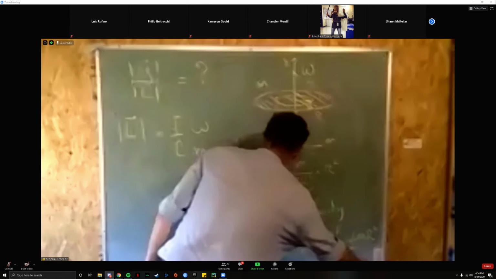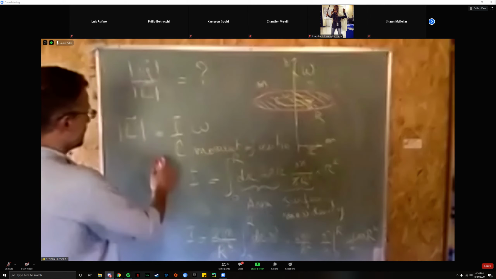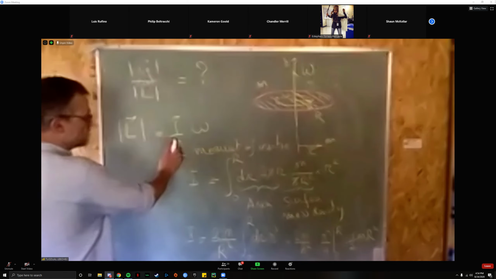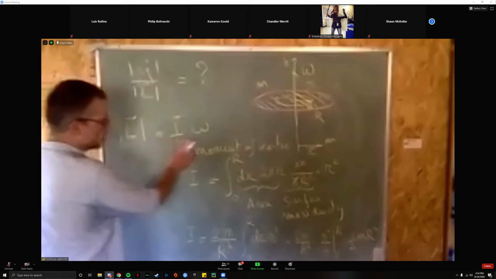So that means that the moment of inertia we just calculated is 1/2 of m r squared, and the angular momentum is that times omega.